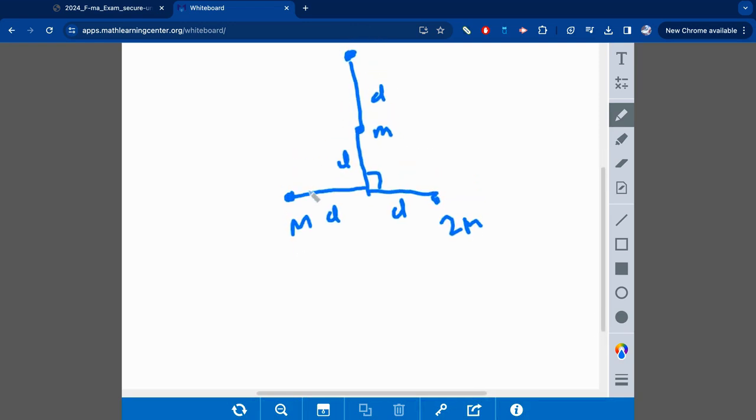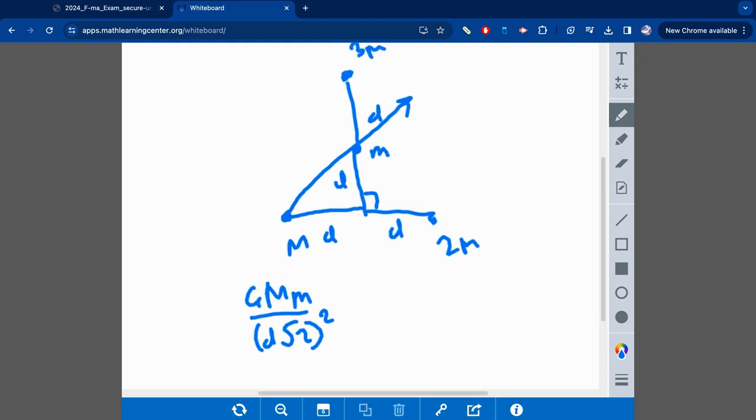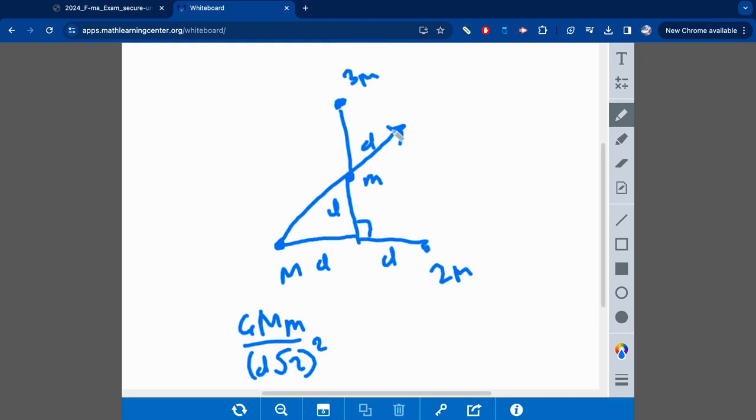So for this force, it would be G mm over R squared, where R, the distance between them, is d root 2. Now, if we want the perpendicular distance from this force, we notice that this is 45 degrees, because both these sides are d.